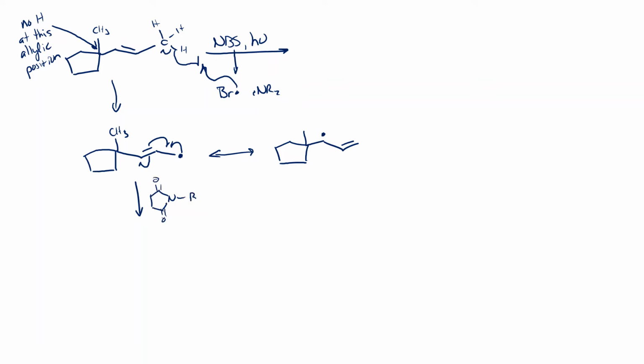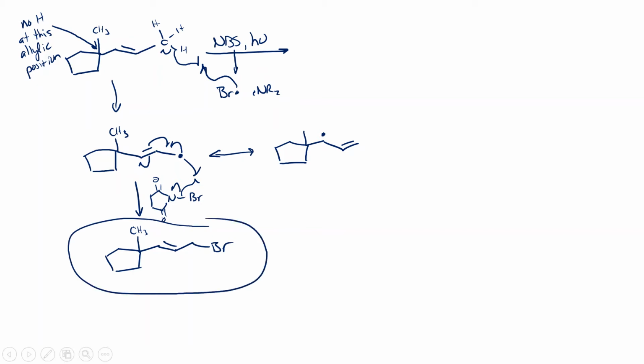And so this radical will come get the bromine, break the N-Br bond, and our final product will be this one here. So we get the bromine at the primary position again. And so NBS installs the bromine at the less substituted position when you look at your radical resonance structures.